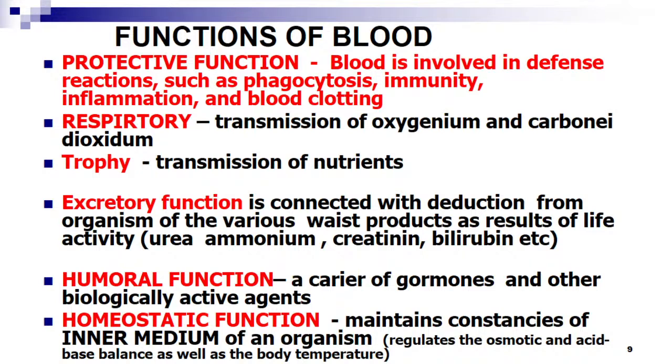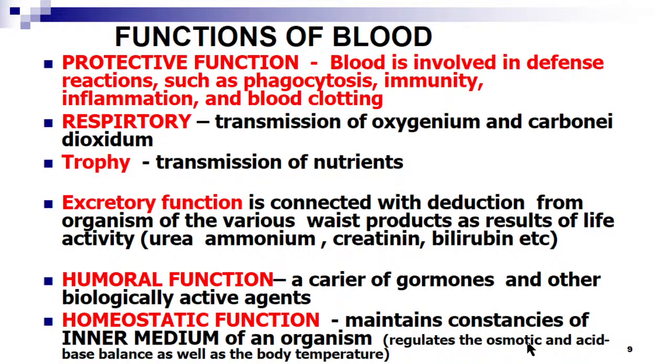And homeostatic function. Well, we have to discuss this. Homeostasis maintains the constancy of the inner medium of an organism. For example, what does it mean? It maintains the constancy of the inner medium.